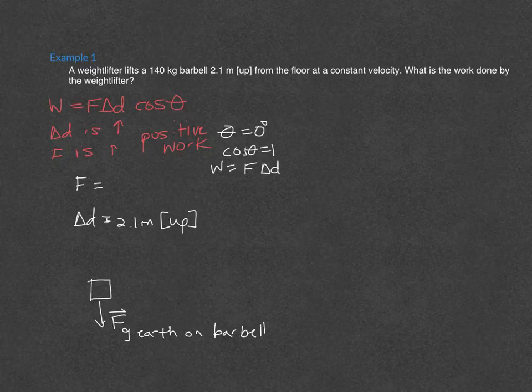And then the force that's actually lifting it up is the normal force, or we could say the applied force, either would be fine, of the weightlifter on the barbell.